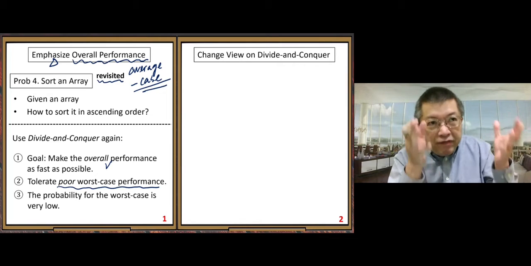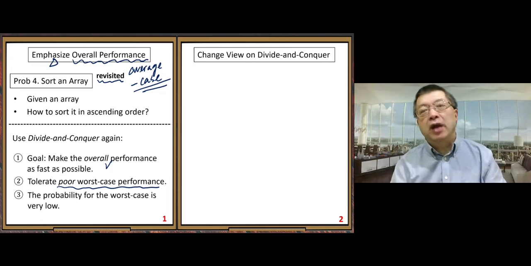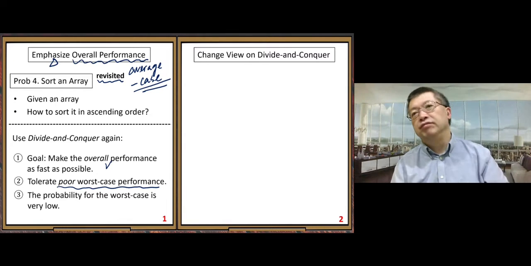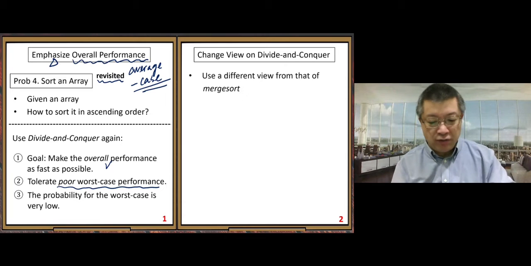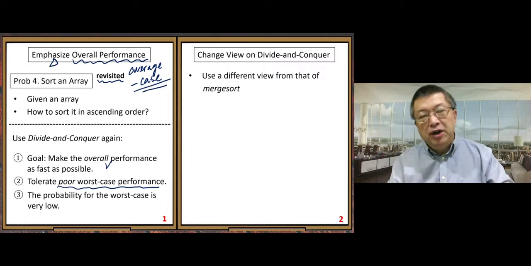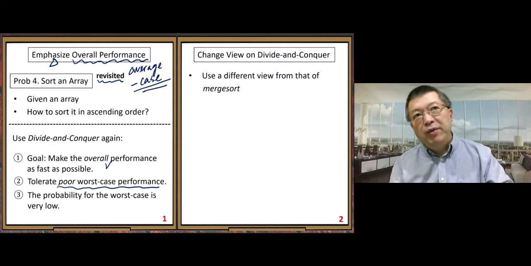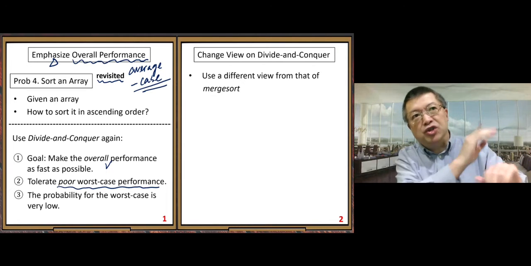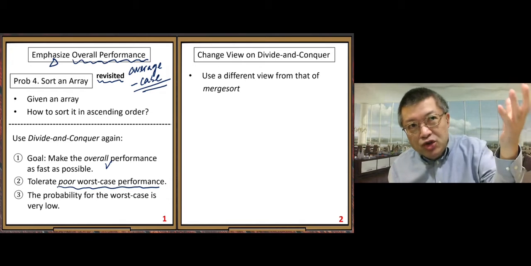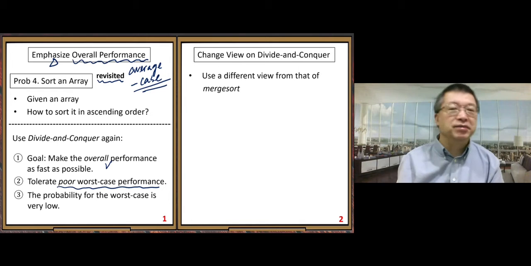We revisit it many, many times, and every time we use a new view on this question. We just learned merge sort before, and here we would like to compare it with merge sort. So I hope you can remember merge sort a little bit.